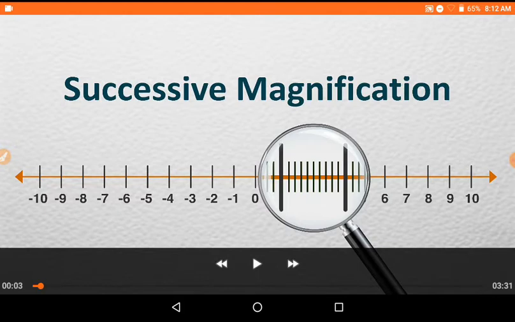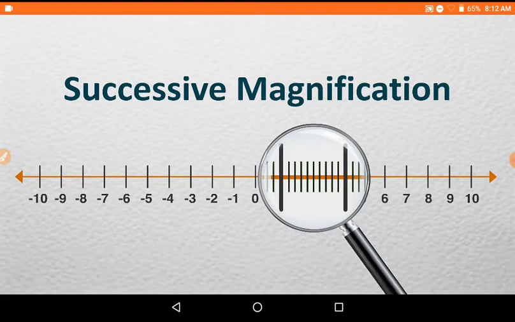So this is successive magnification, how to represent numbers using these magnifications, because if we want to take some inner points, how do we represent them on the number line? We just take it like a magnifying lens. You have already studied in science that when you magnify a particular thing, it is displayed bigger.